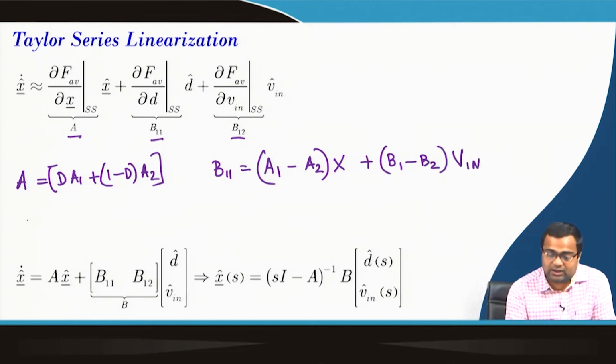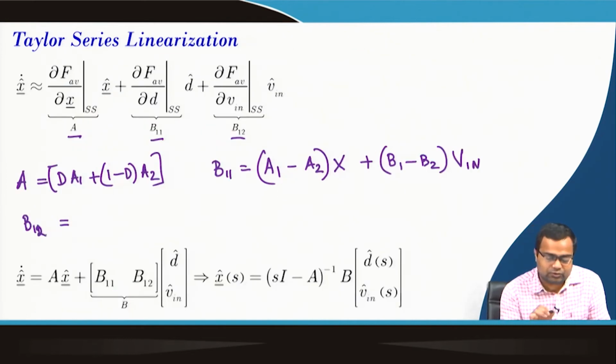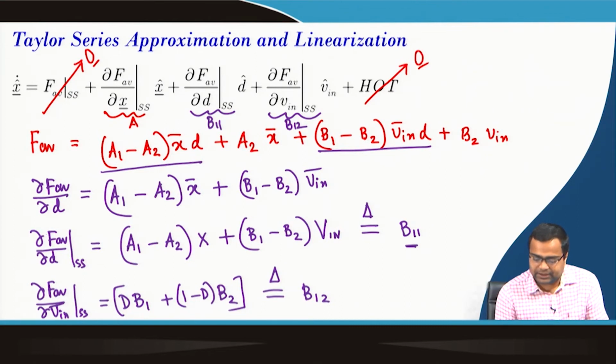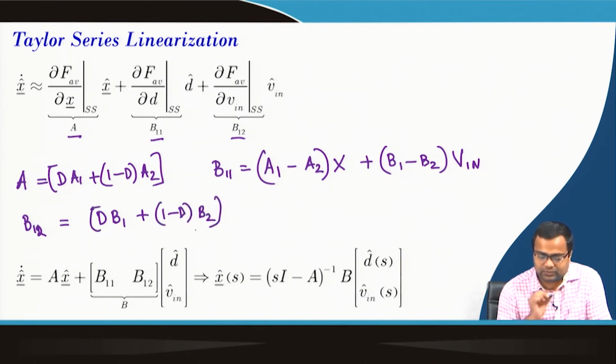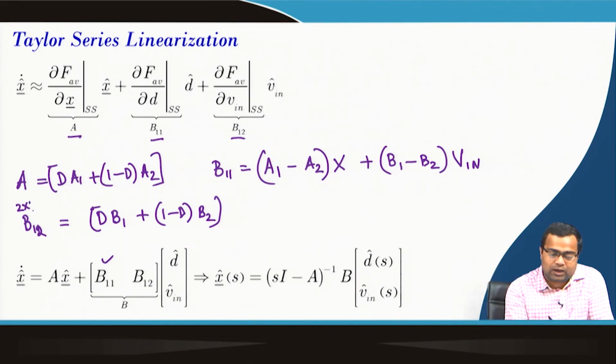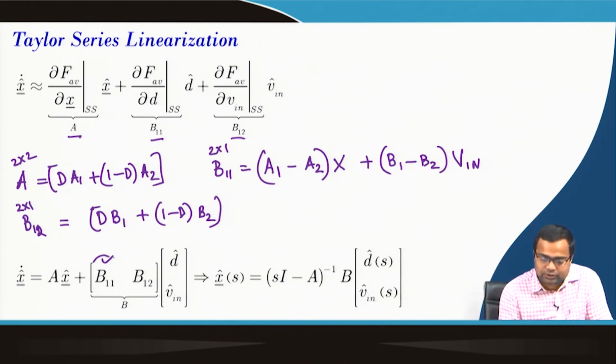And what is B12? It is simply d into B1 plus (1 − d) into B2. With this we can write all this, and this B2 is a 2 cross 1 matrix, this is also a 2 cross 1 matrix, this is a 2 cross 2 matrix. Okay. Now, this whole thing which is a B matrix is a 2 cross 2 matrix, and this is also a 2 cross 2 matrix, this one.